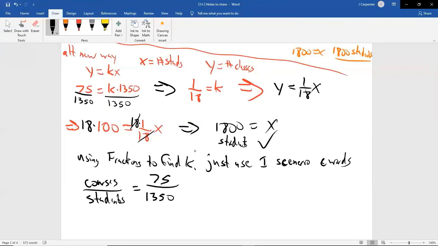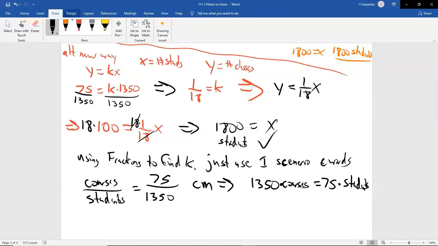And then what you do is you cross multiply, which will give you 1,350 times the number of courses. That's not 1,350 courses, equals 75 times the number of students. Make sure you know these aren't labels. Those are basically variables. And then you can just choose to solve for one or the other.